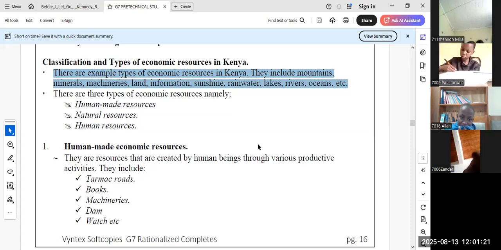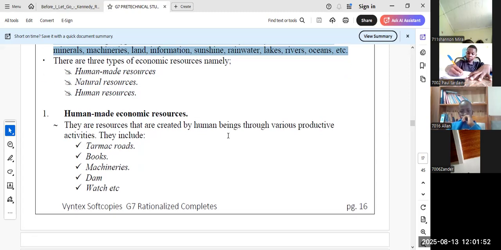Now, there are three types of economic resources. Let's move one step at a time. We have said there are example types, then we are saying there are three types. These three types are human-made resources, natural resources, and human economic resources.